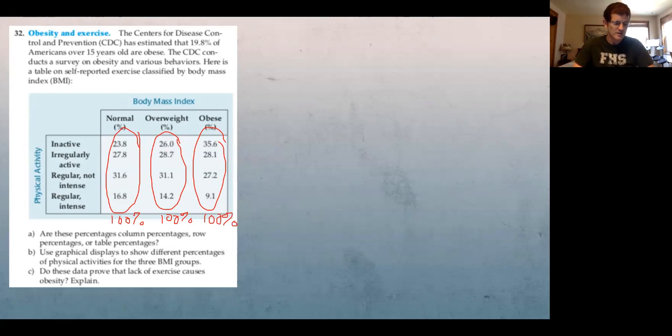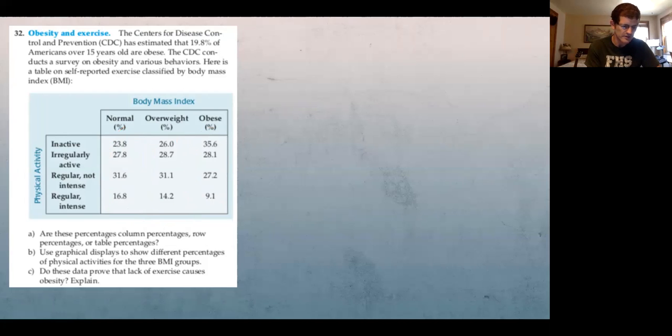So what we're saying is, on the condition of being normal BMI, what is the conditional distribution of physical activity? Okay, and that's kind of how this table was created. If none of these added up to 100%, then they'd have to all add up together to 100%, and this total right here would be 100%. So that would be a table percentage, okay?